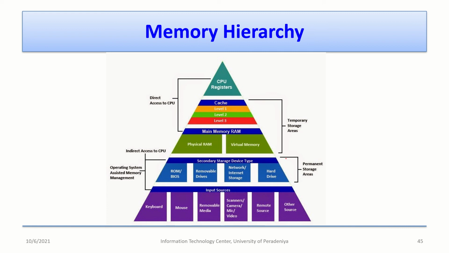This is the permanent storage area. Here we have the hard disk drive, removable disk, ROM, BIOS. All are permanent storage areas or network storages. These are not directly accessible to the CPU. The operating system is also held in these secondary storage devices, the hard disk drive.